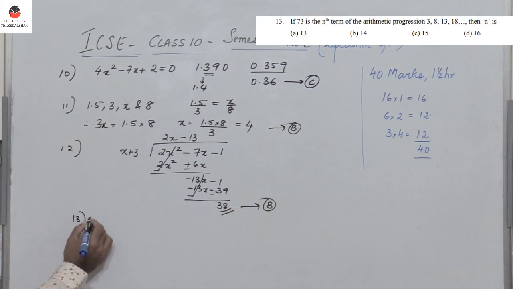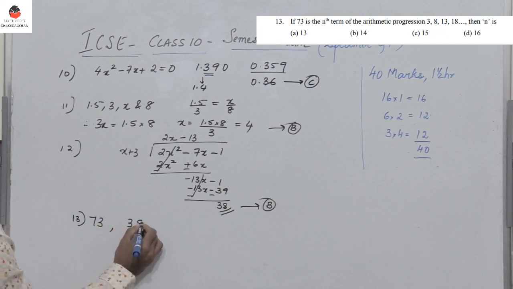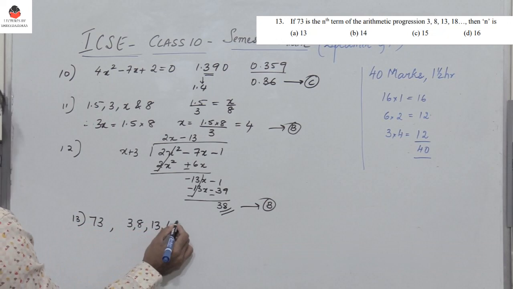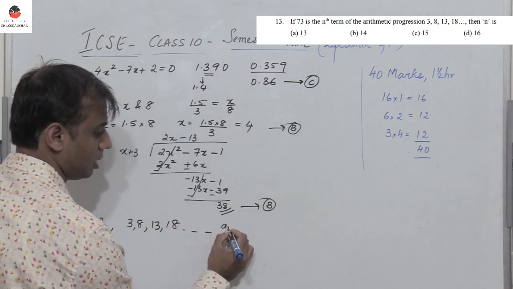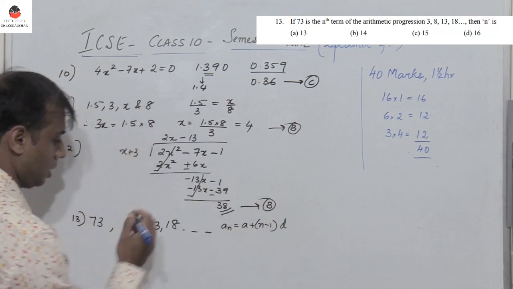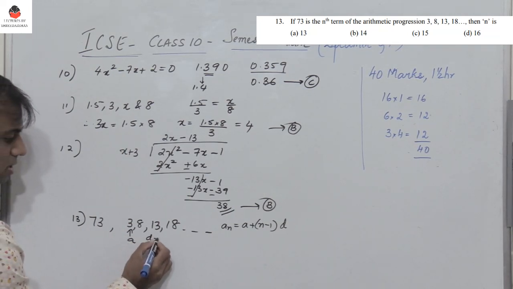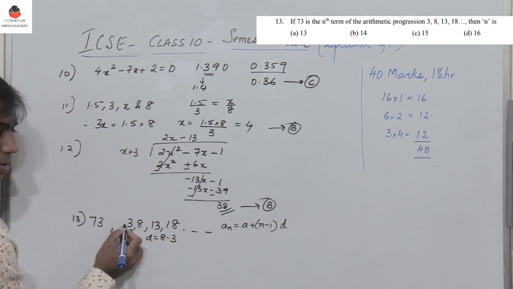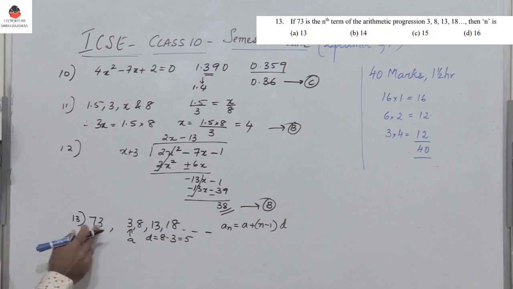13th one. If 73 is the nth term of the arithmetic progression 3, 8, 13, 18, then what is n? So we know that an equals a plus n minus 1 into d. Now a is 3. What is d? d is 8 minus 3, the second term minus the first term, which is 5. And an is 73.